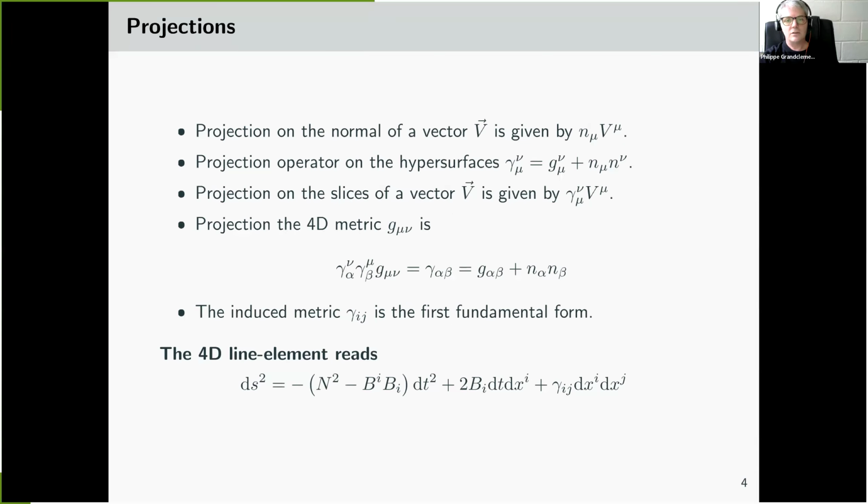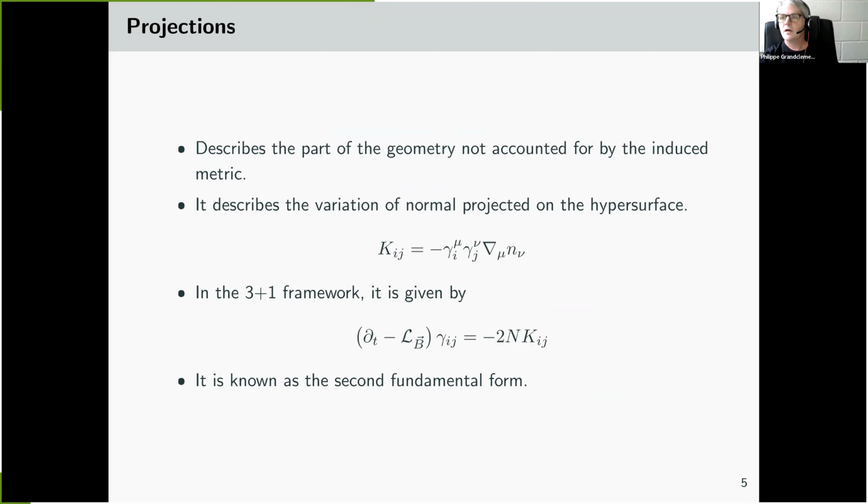As you may notice, there is here this first fundamental form, so probably there is a second fundamental form somewhere. This is the extrinsic curvature tensor. It describes the part of the geometry that is not described by the induced metric, so it describes the way the hypersurfaces are embedded in the full spacetime.